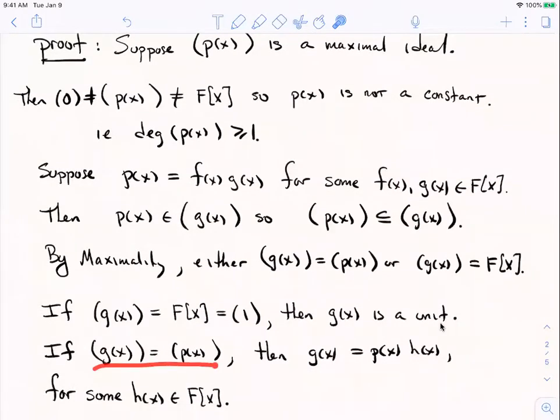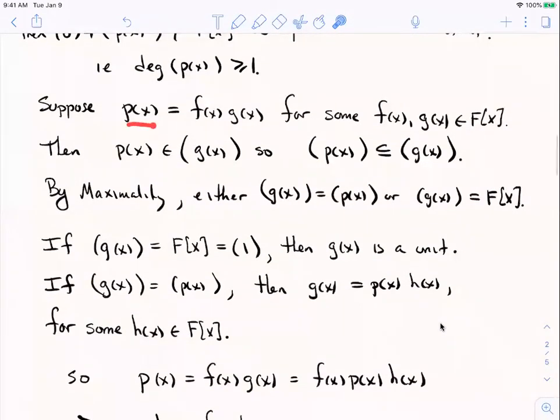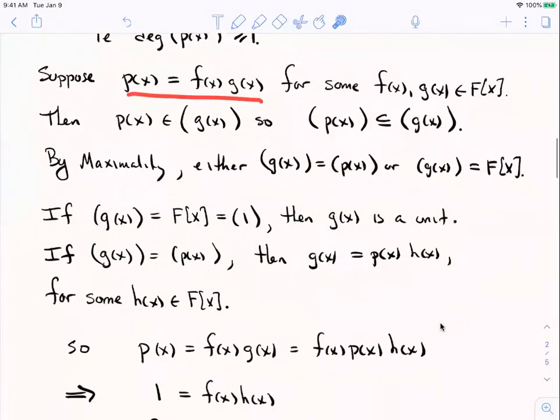If the ideal generated by g is equal to the ideal generated by p, well, then g certainly belongs to the ideal generated by p. So g is a polynomial multiple of p, called the multiple h. And now I just need to do a little substitution here. I've got this equation, p is equal to fg. But I just learned that g is equal to p times h. So let's plug that in. Let's take this g and replace it with p times h.